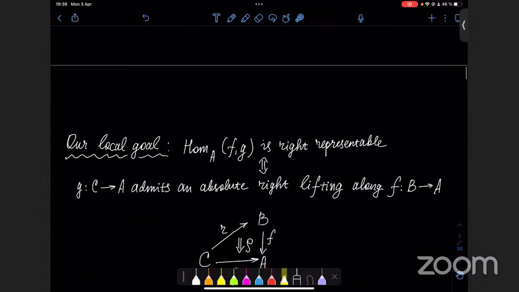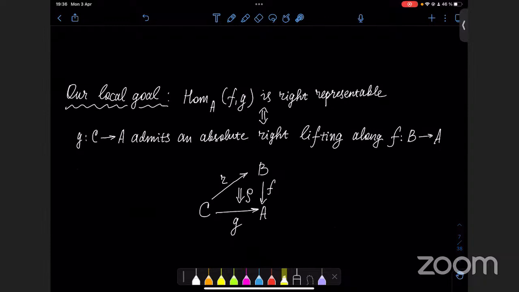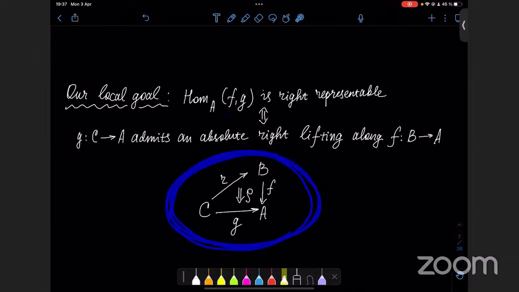So the construction of the comma infinity category is useful, recall, for model independence, and the crucial thing here is the fact that this hom object in an infinity category is right representable if and only if G admits an absolute right lifting along F, so you have the following absolute right lifting diagram.